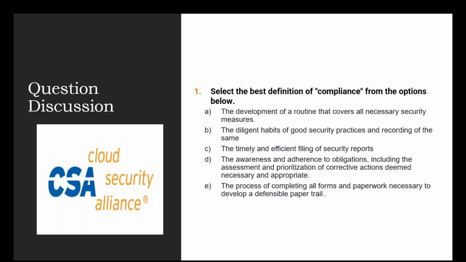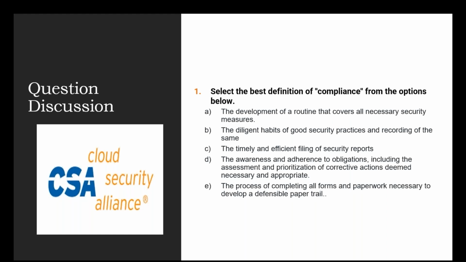But compliance is all about, first, knowing the different kinds of obligations you need to follow and adhere to, and making sure you prioritize implementing them. It means in this question, option D is the correct answer: awareness and adherence to obligations, including the assessment and prioritization of corrective actions deemed necessary and appropriate.